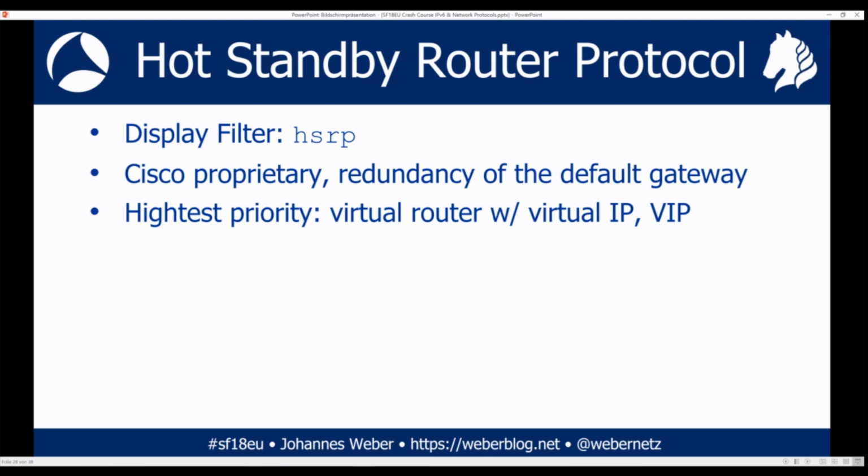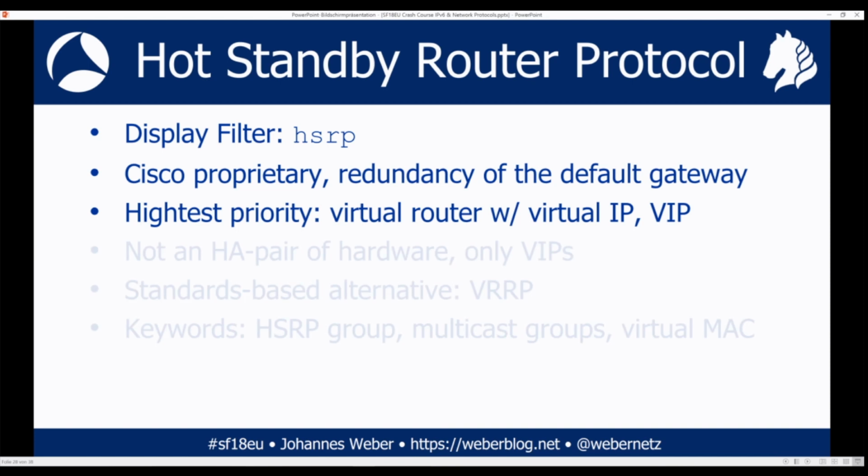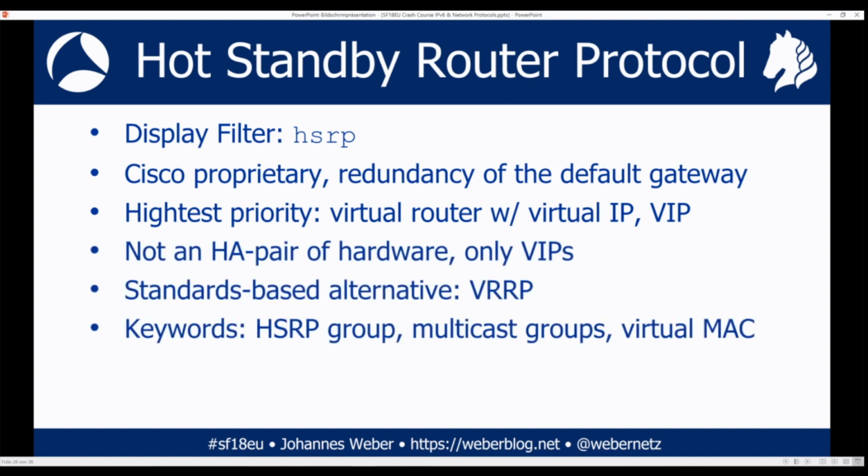Here you have two routers that are completely active, and per interface, so per layer 3 subnet, you must configure HSRP, and the router with the highest priority then is the virtual router with the virtual IP address. And this is the IP address you should use on your clients as the default gateway, for example. So it's not an HA pair, it's only virtual IPs.